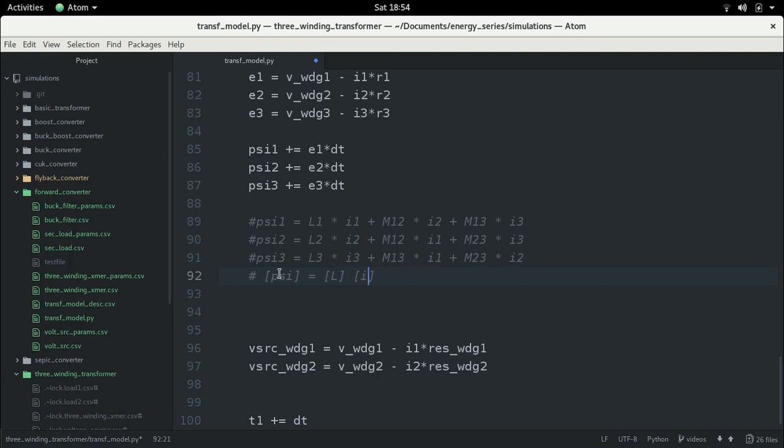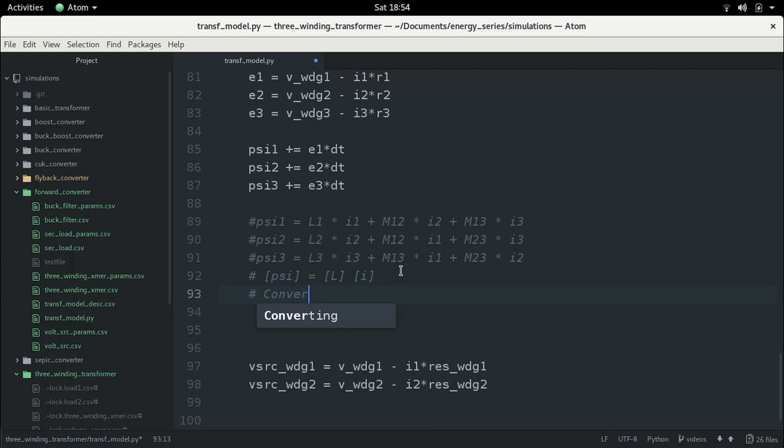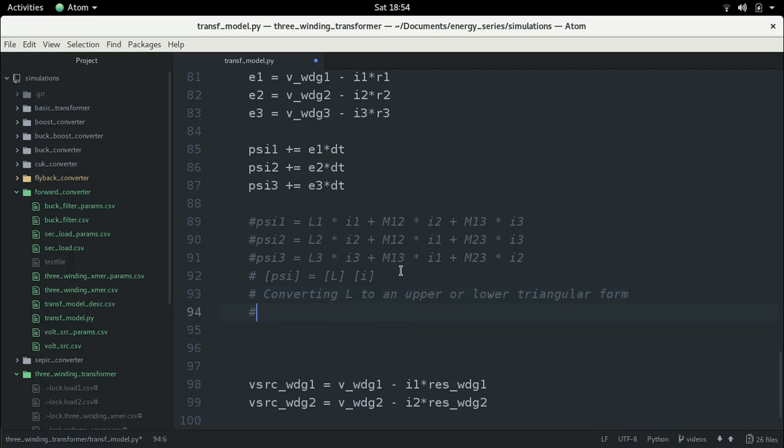Right? Now the correct way to do this is by solving such a matrix equation by converting L to an upper triangular form or a lower triangular form. So I will just write upper or lower triangular form, and then solving the equations to calculate the variables.